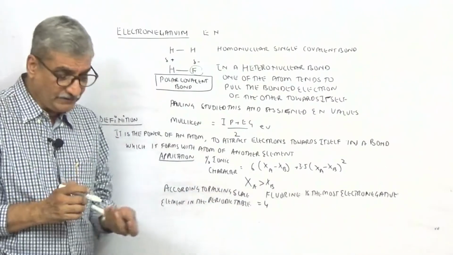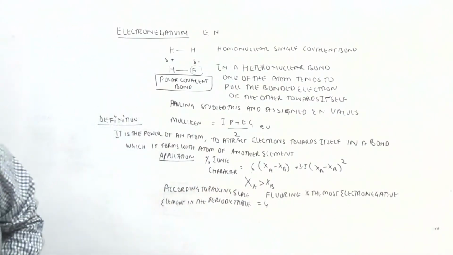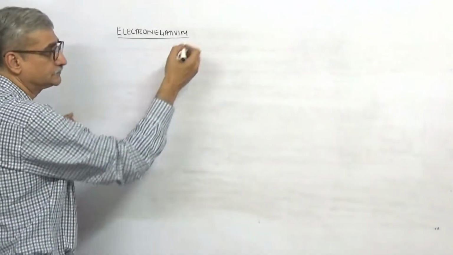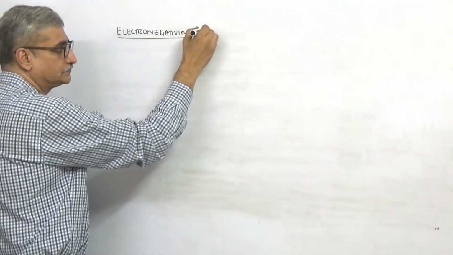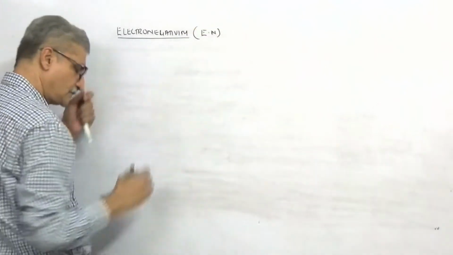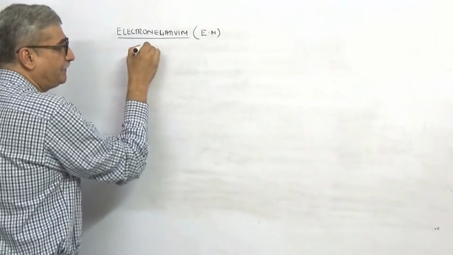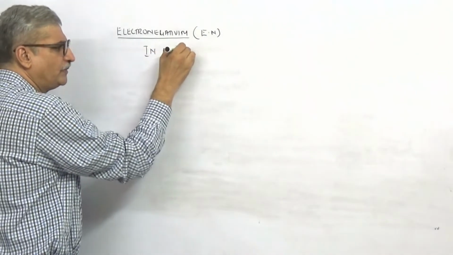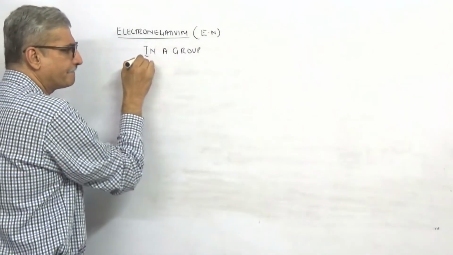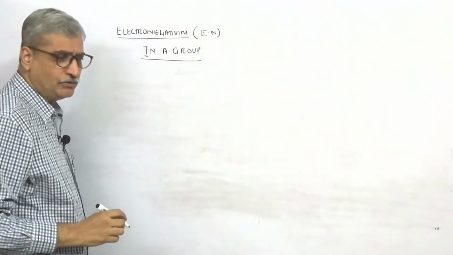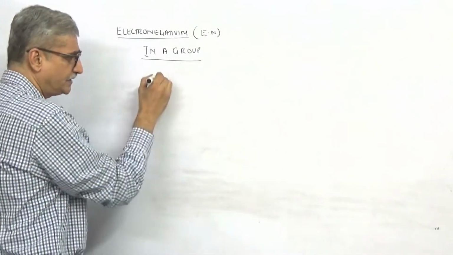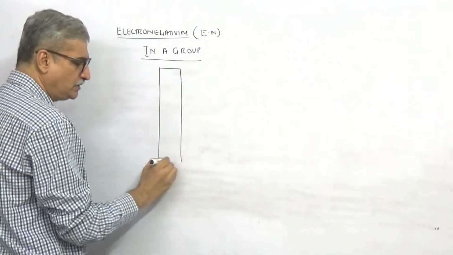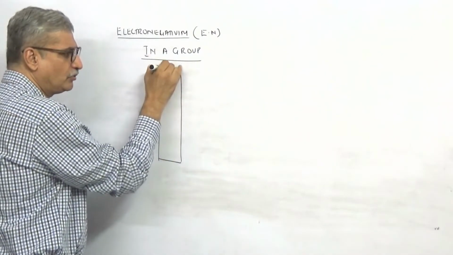Then we look at the trend in the property. Trend in a period or in a group. Let us take a group. In a group, as we go down, the most electronegative elements happen to be group 17.